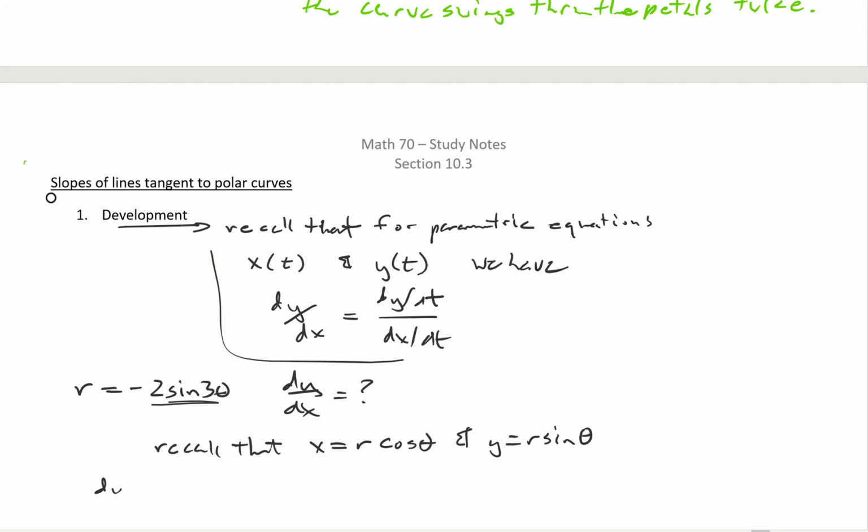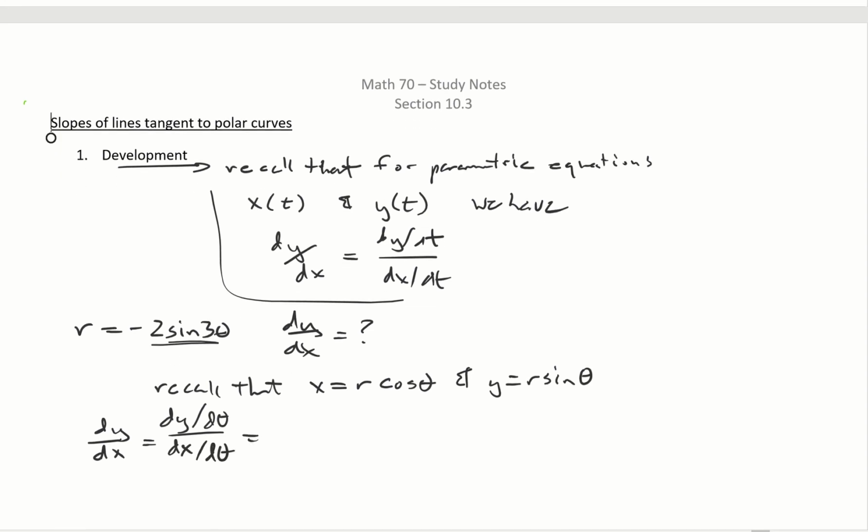So here you go. If you want to find dy/dx, you will go dy/d theta over dx/d theta. I put an equal sign because that's not enough. Here's a formula that I'm going to give to you, but the way it goes is we're going to derive with respect to theta. I'm so used to x, right?